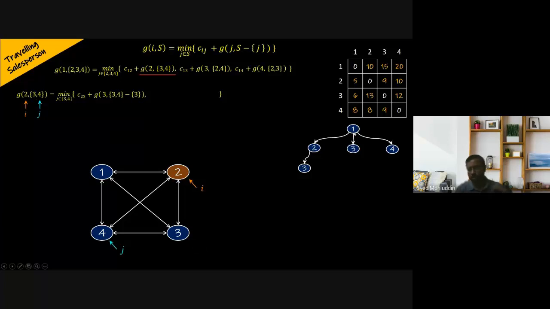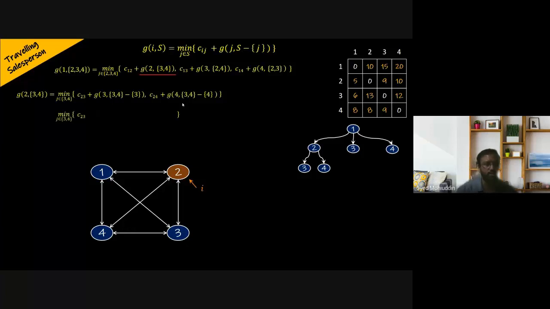So we are trying to find which will be minimum, going from 2 to 3 or 2 to 4. So we have cost C of 2, 4 plus G of 4, that is J is 4 now, and set {3, 4} minus 4.